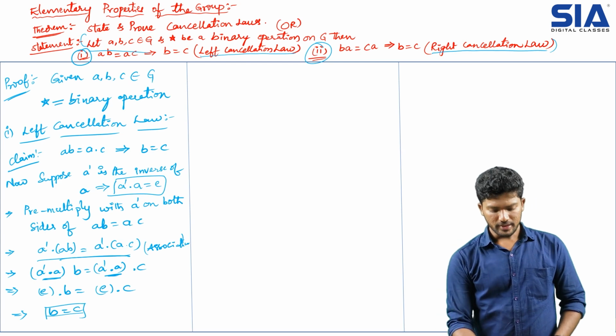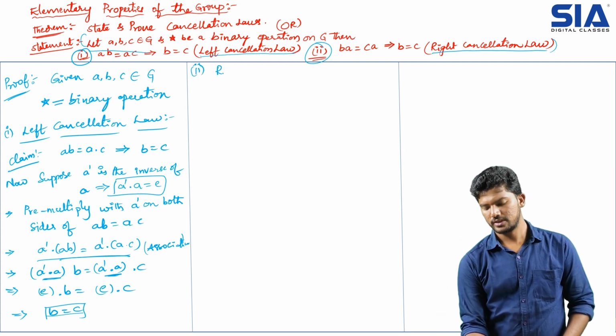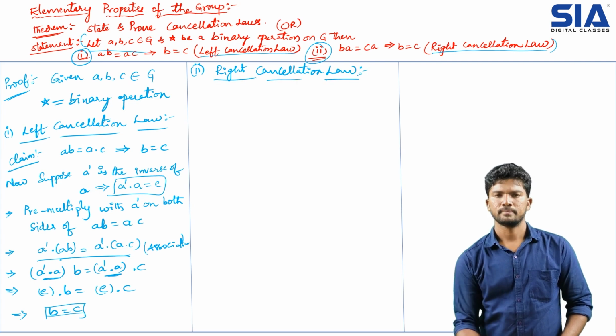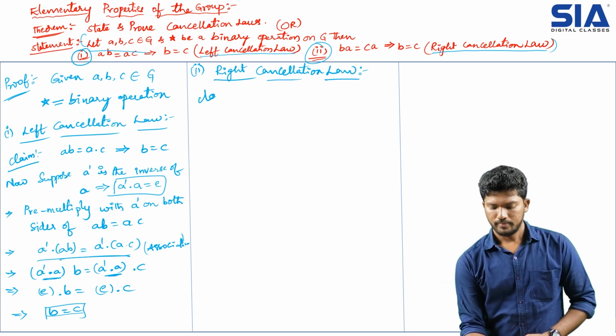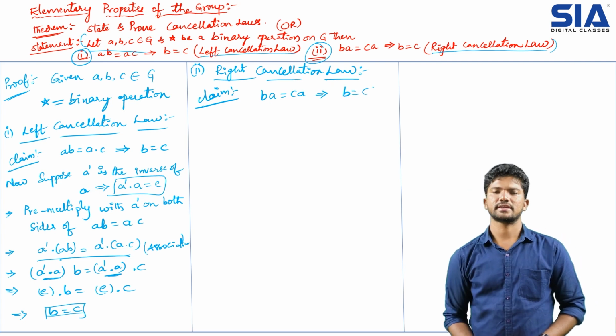Now we are going to prove the right cancellation law. The claim is: b into a is equal to c into a, which implies b is equal to c.